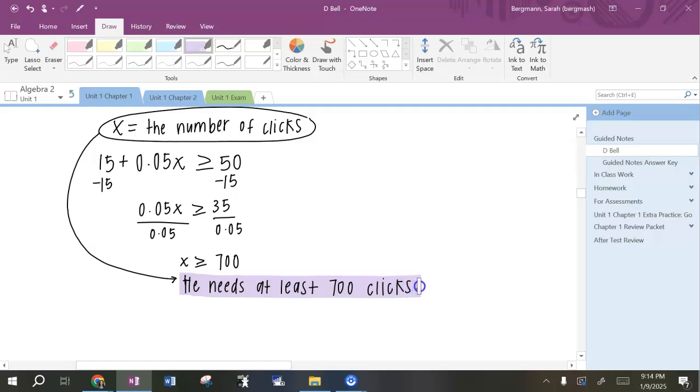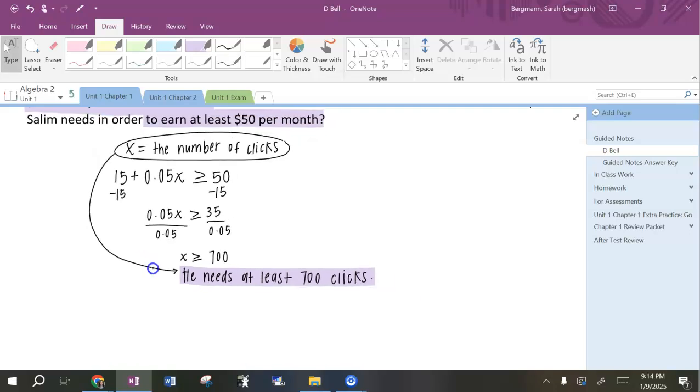Then for the units, we included something after the number. In this case, it's just a number of clicks. So we're good on adding units, which finalizes our answer.